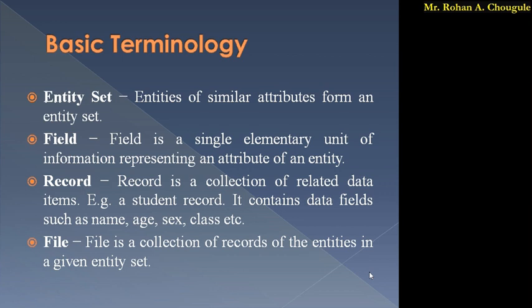Again, this record may also be classified according to length. A file can have fixed length records or variable length records. In the case of fixed length records, all records contain the same data items with the same amount of space.